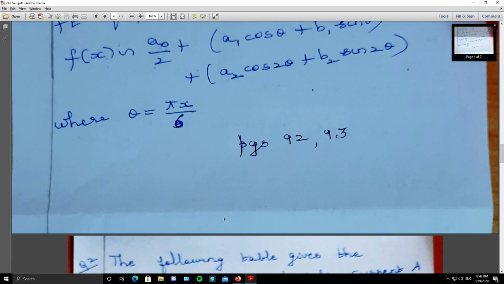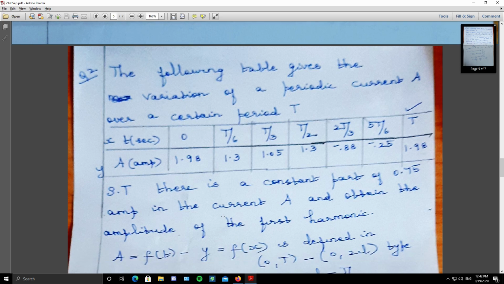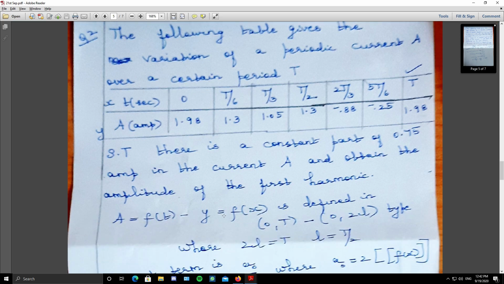Then we have the next problem. The following table gives the variation of the periodic current A over a certain period T. So here you see T and A, T in seconds, A in amperes.